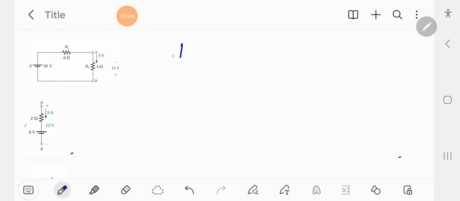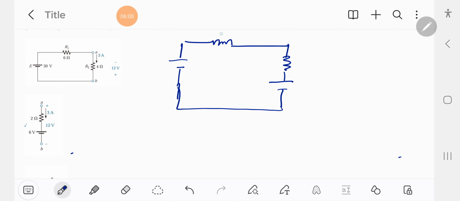For example, let's suppose R1, E is 30 volt, R2 is 2 ohm, and this is 6 ohm. Now what will happen?